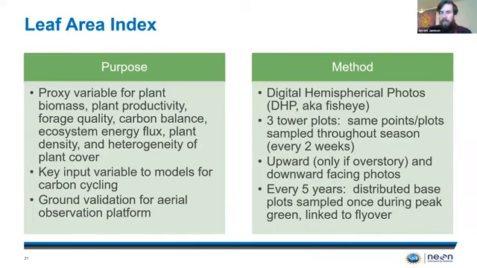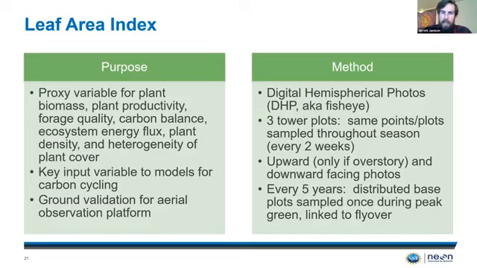Regional to continental scale estimates of LAI are typically derived from satellite data, but validation of satellite data with aircraft and ground collected data is relatively uncommon. By leveraging NEON's aircraft and ground collected estimates of LAI, it will be possible to develop ground validated estimates of LAI at the continental scale.